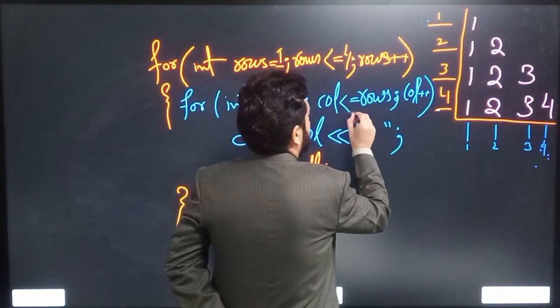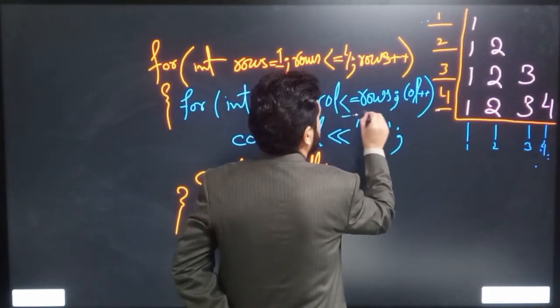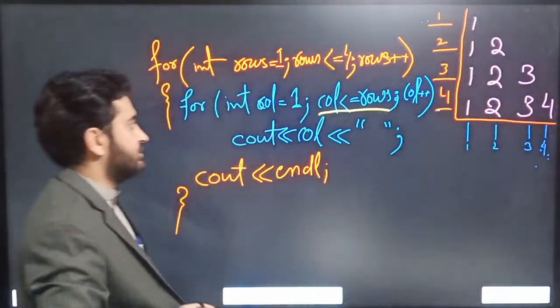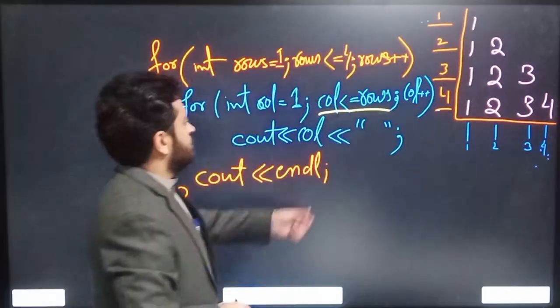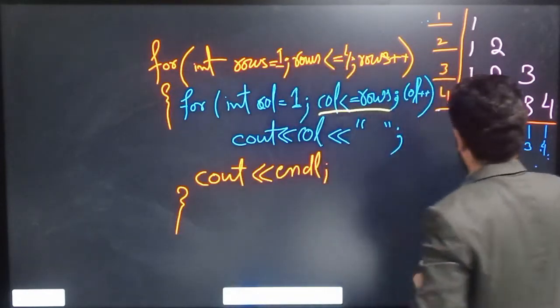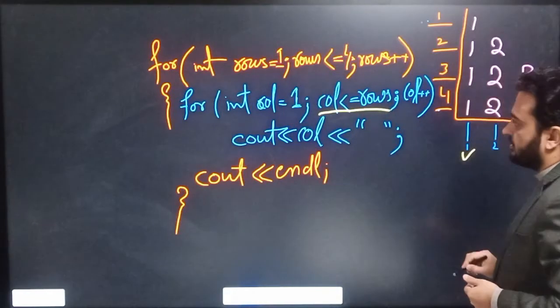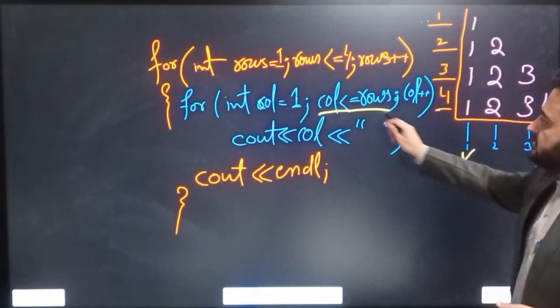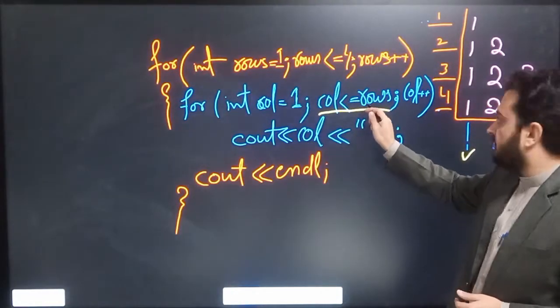This is the logic we have introduced that we require to print this whole pattern. Column will always start from 1, and will end with the value of row.